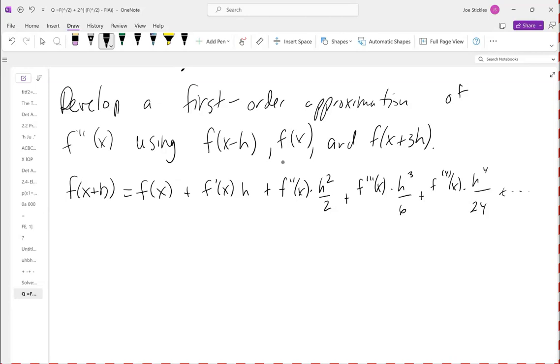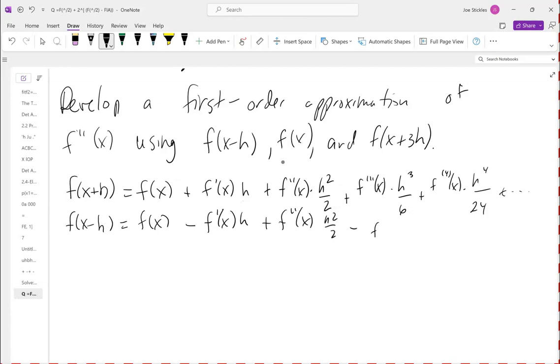If this is my expansion when I've got x plus h, how am I going to get an expansion for x minus h? What are we going to do? Yeah, so we'll just replace the h with the negative h and put it in, right? The effect of that, like what Austin's saying, is that it's going to flip-flop your signs for all the odd powers of h. So your f of x minus h will be a minus f prime of x times h, still plus for the second derivative.